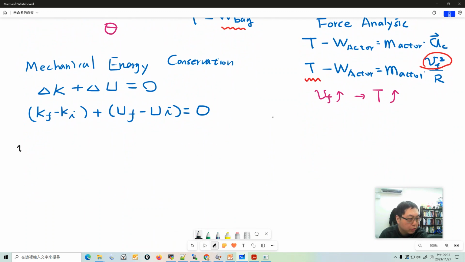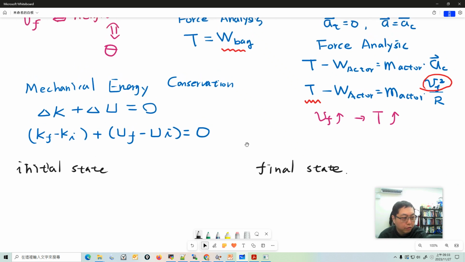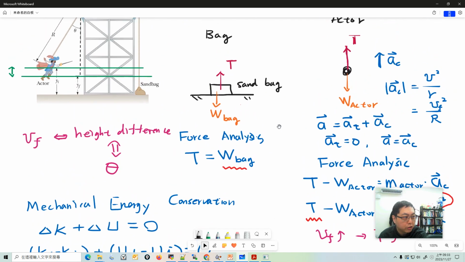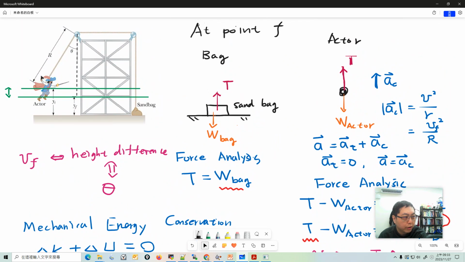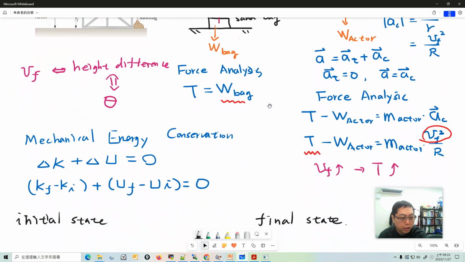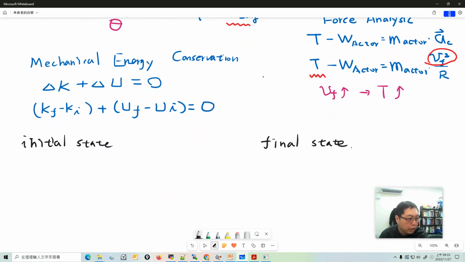The initial state is here, the starting point. At this starting point, the actor is initially at rest, so no velocity, which means no kinetic energy.